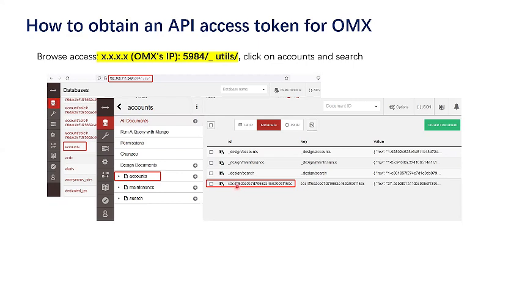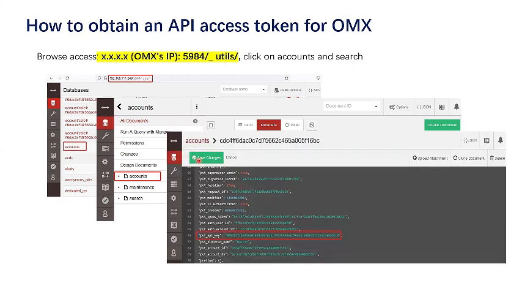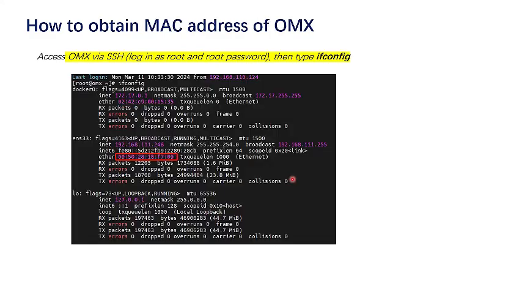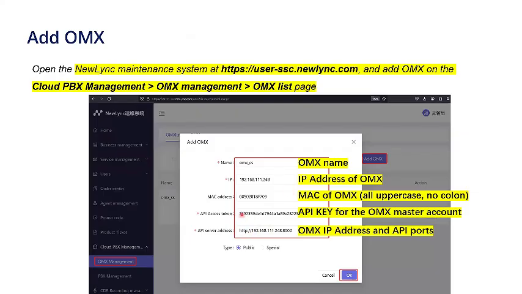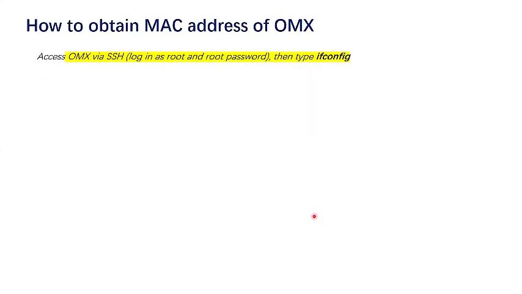Once you click this one, you will be directed, and you can simply search for the keyword API, and you can copy this API key. Copy this API key and input it here in the access token field as required by the Newlync maintenance system. So that's how to acquire the API key as well as the MAC of the OMX.